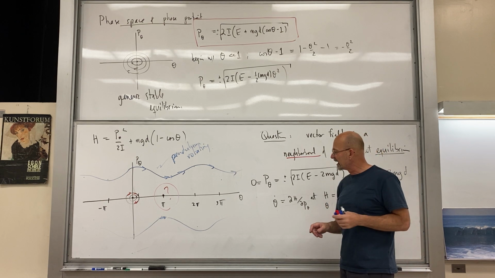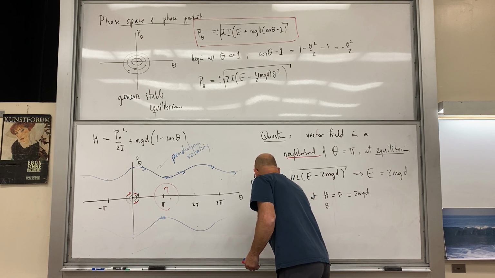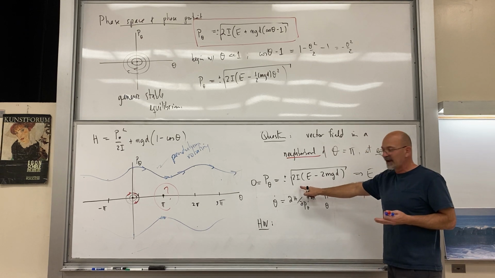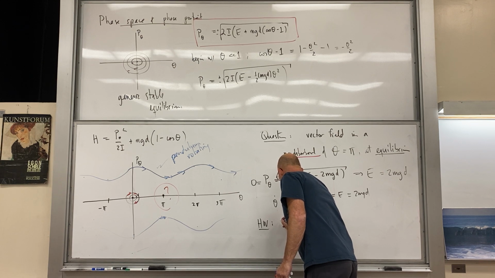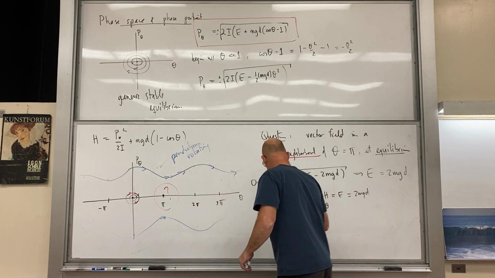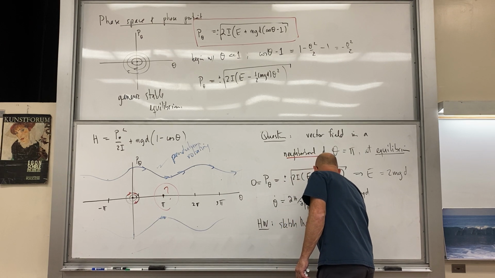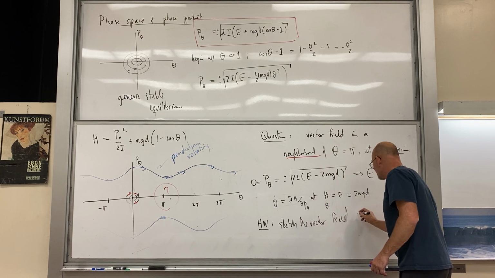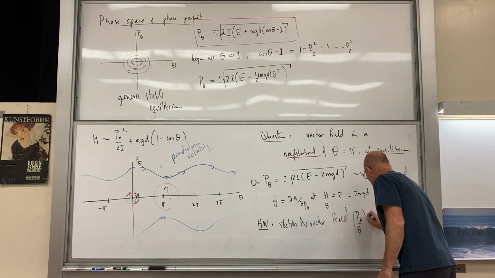I'm going to give the game away, and let's call this a homework. What you're just going to do is calculate the vector, which we've already done, but you want to sketch the vector field.